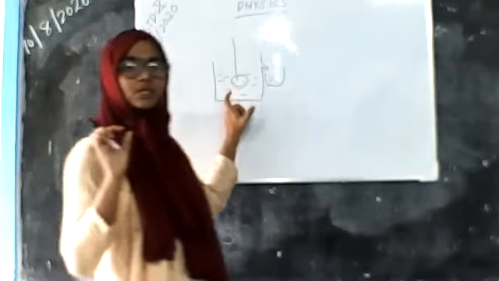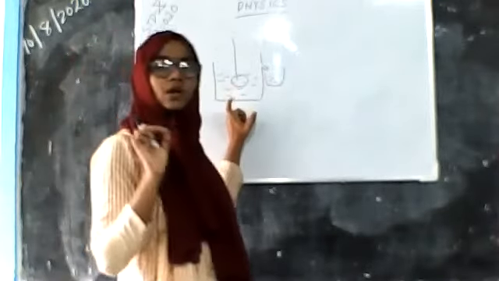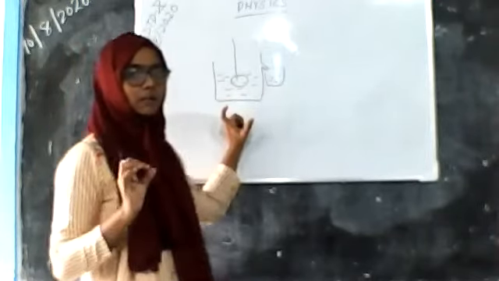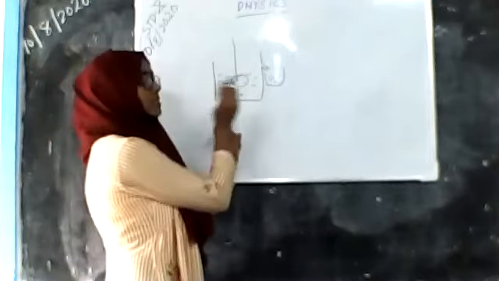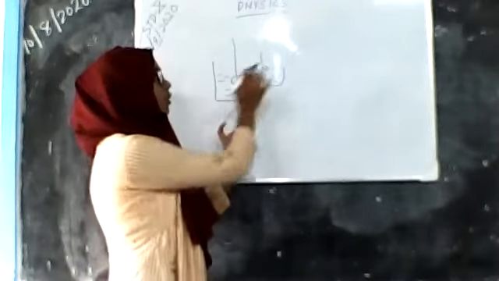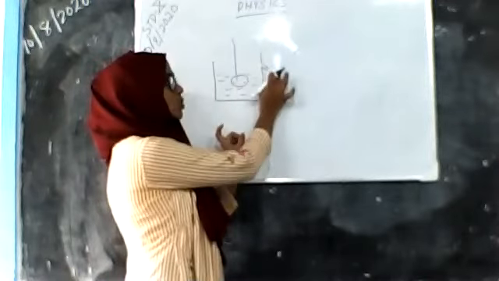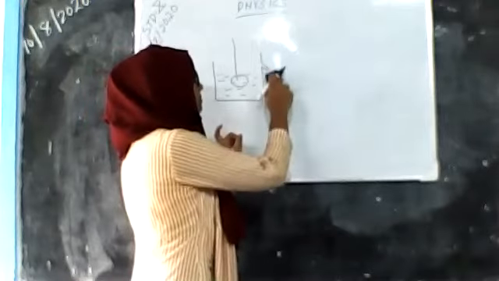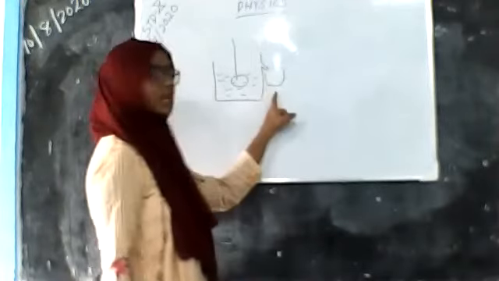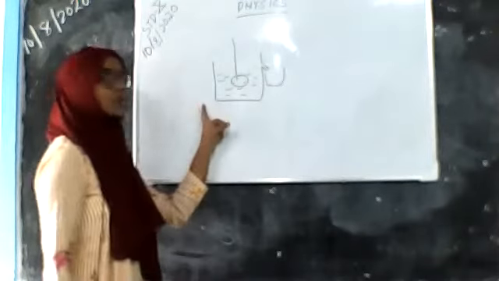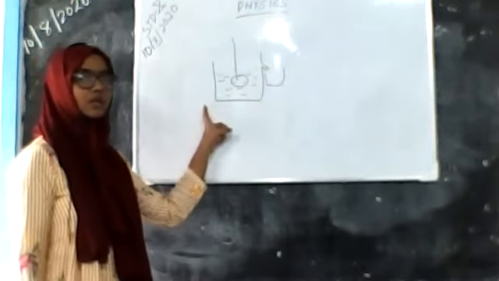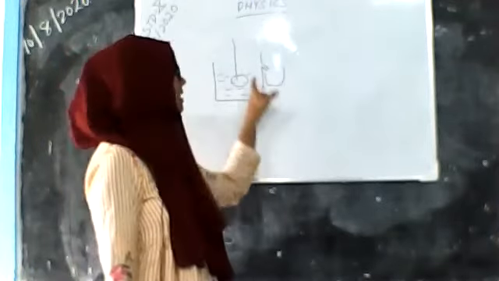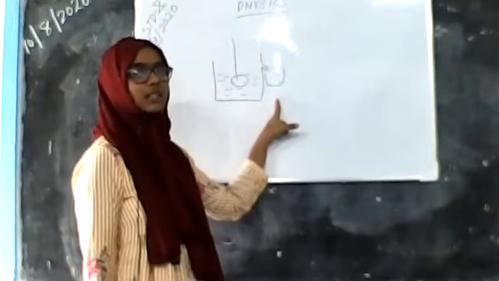This is a stone, and it is immersed in the beaker containing water. Some water overflows through this slit into the second beaker, which was initially empty.